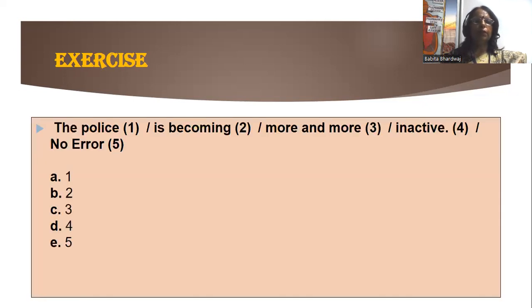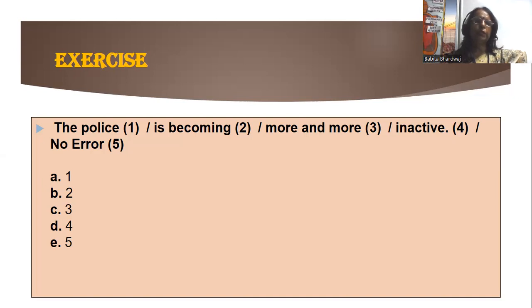Now let us start with the question. So here you can see: the police is becoming more and more inactive. The sentence is divided into 4 parts, and if there is no error, then 5 is given to it. So the first part is the police is becoming more and more inactive.